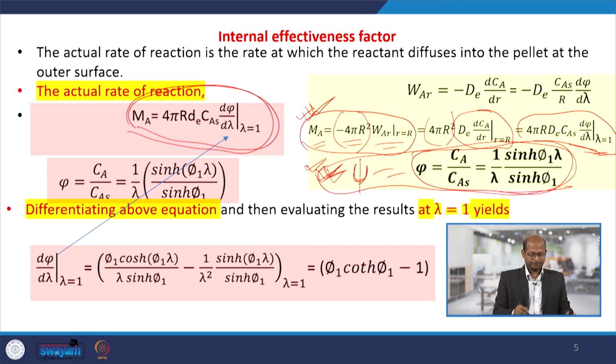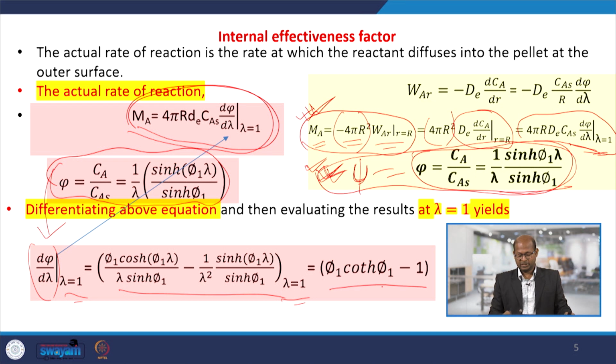So, now these dimensionless concentration profile equations that we derived, we differentiate with respect to lambda and put lambda equals 1. Once we do that, we can get d psi by d lambda equals this, and then we substitute this here.